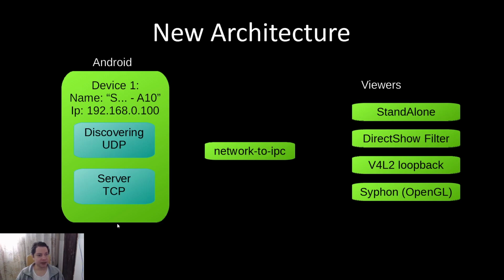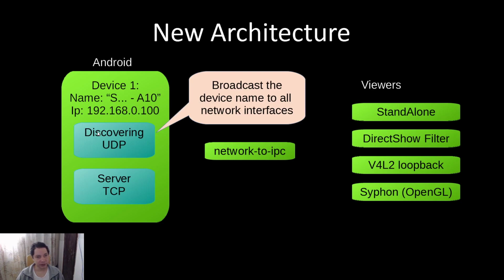Inside the device, we need to have a name to identify that device and an IP address configured in the local network. The UDP discovery component is responsible for broadcasting that device information to the network here.